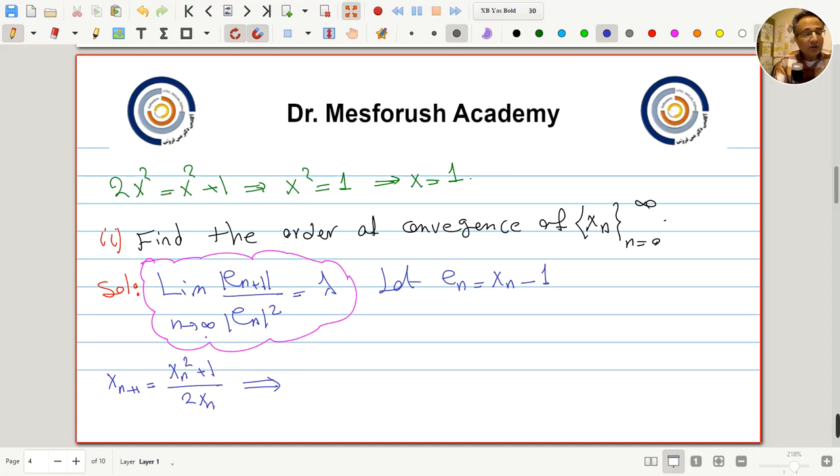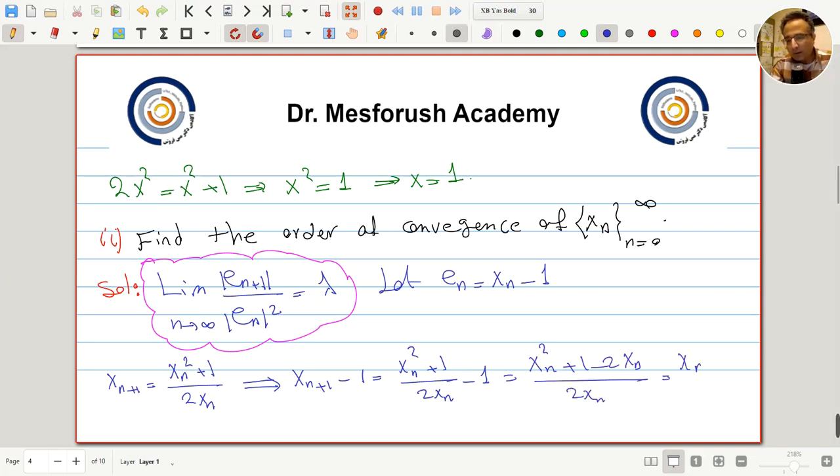We subtract 1 from both sides. So we get x_{n+1} minus 1 equal to (x_n squared plus 1) over 2x_n minus 1, and this will be (x_n squared plus 1 minus 2x_n) over 2x_n, which is (x_n minus 1) squared over 2x_n.